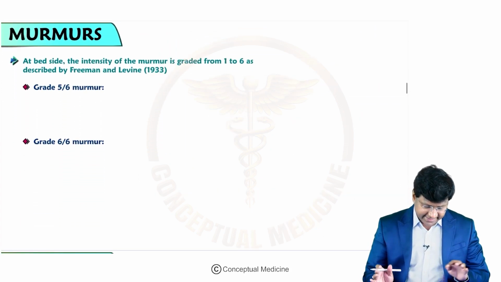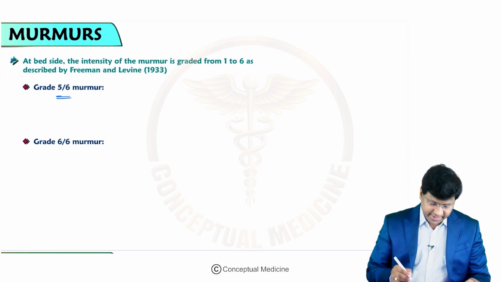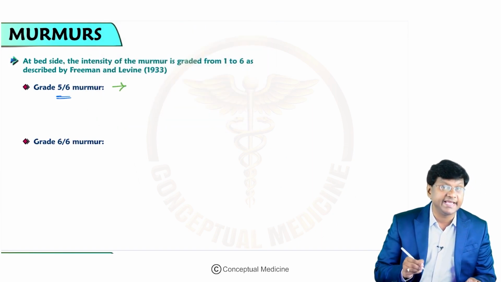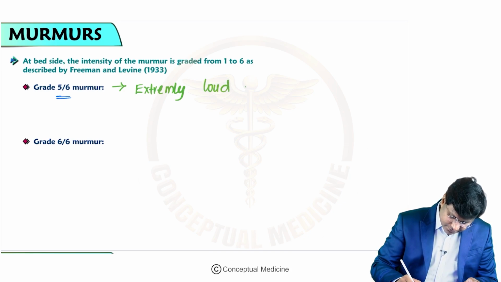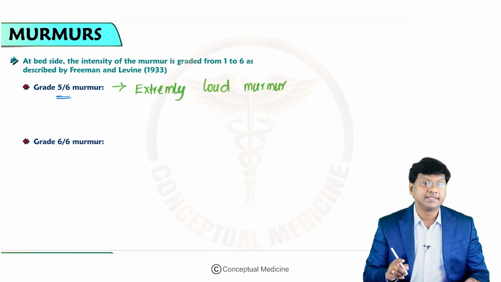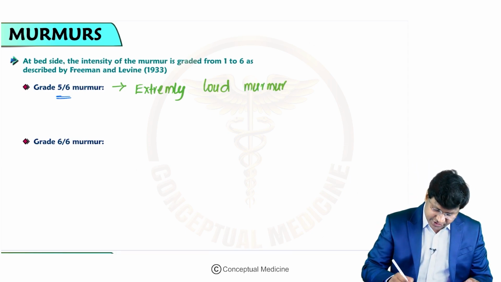And then followed by that, grade 5 by 6 murmur. Grade 5 by 6 murmur is an extremely loud murmur that can be heard only if the edge of the stethoscope is in contact with the chest.